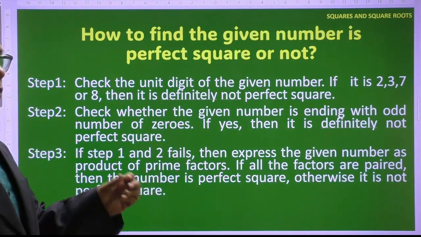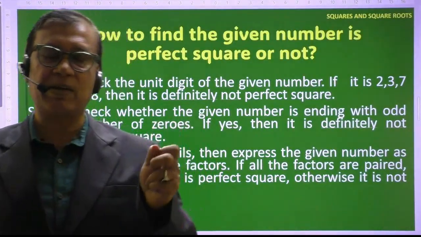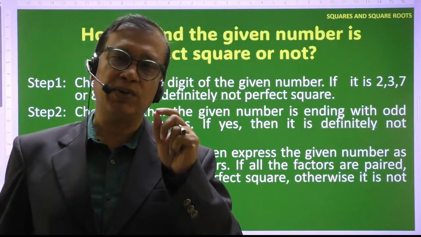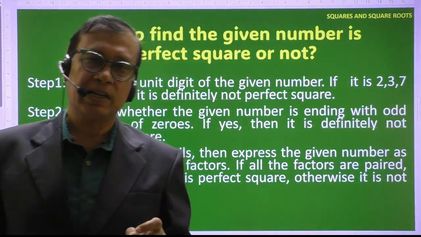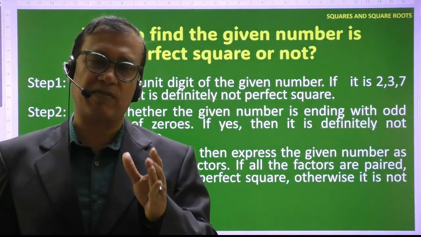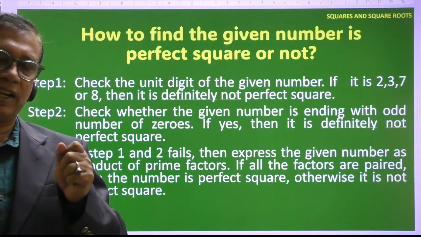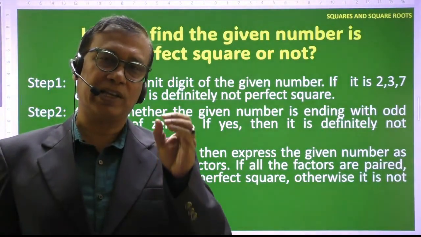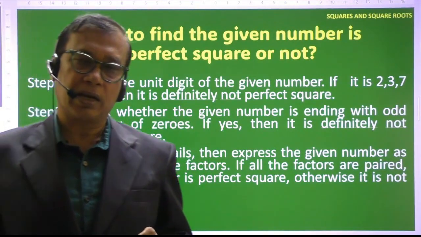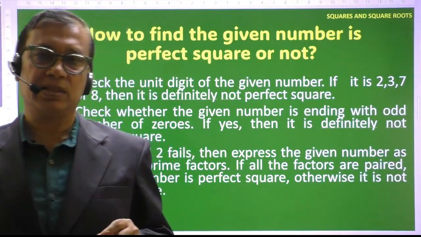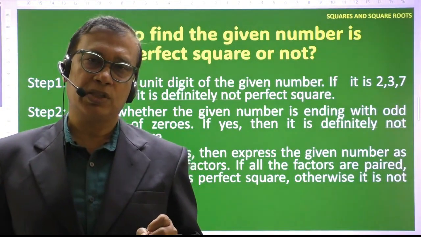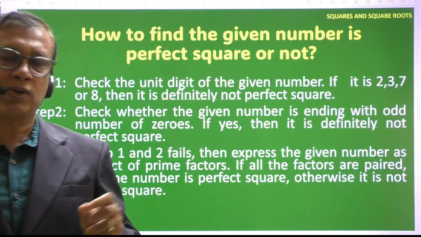So when we are going to check whether the given number is a perfect square or not, first we will check the unit digit of the given number. If the unit digit is 2, 3, 7 or 8, then no need to do anything. We can say definitely this is not a perfect square. If we see the given number is ending with an odd number of zeros, then also no need to do anything.